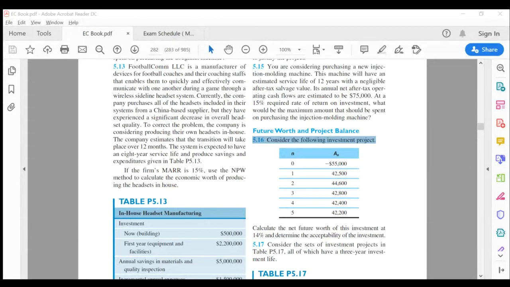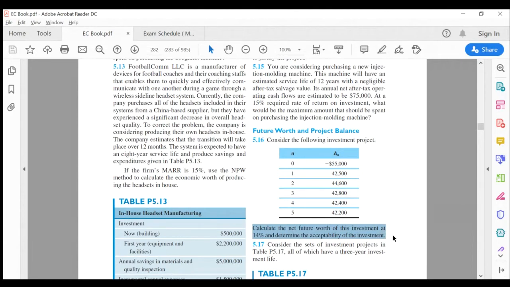Year 2 44,600. Year 3, year 4, year 5, we have different types of cash flows. It is not an equal series, it is an irregular or unequal series. In this question we are required to calculate the net future worth of the investment at 14% and determine the acceptability of the investment.